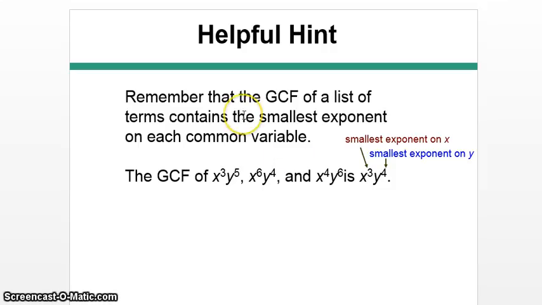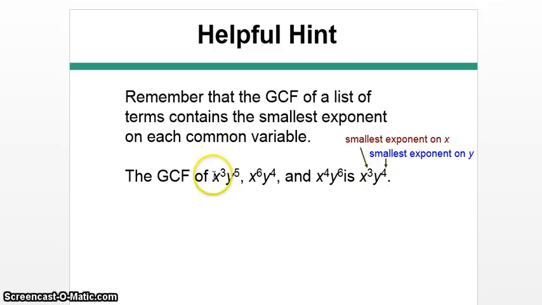Remember that GCF of a list of terms contains the smallest exponent on each common variable. The GCF of x cubed y 5, x power 6 y to the 4, and x to the 4 y to the 6 is x cubed y to the 4.